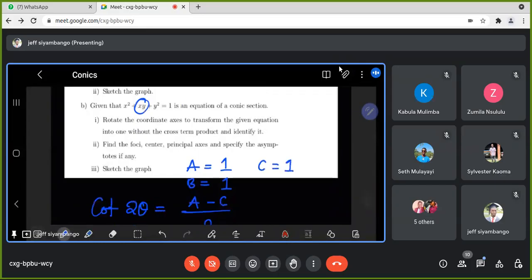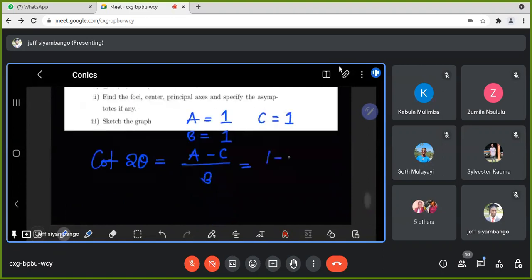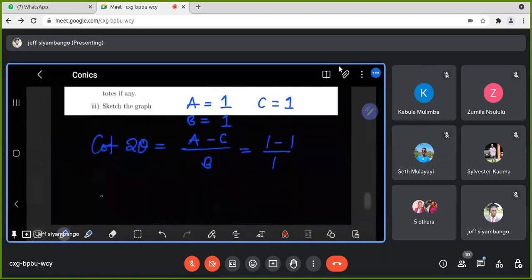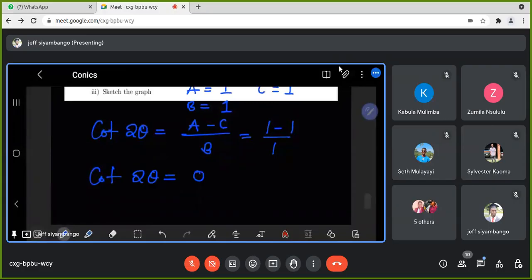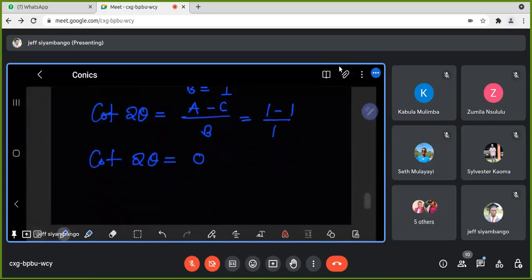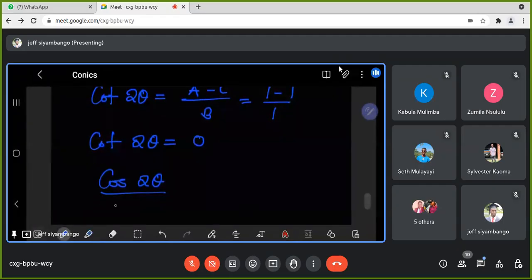So in this case, we have 1 minus 1 over 1. So we see that we end up with cot 2 theta equal to 0. Now, when does cot give us 0? Well, cot is 1 over tan, and 1 over tan is cos 2 theta over sine 2 theta.